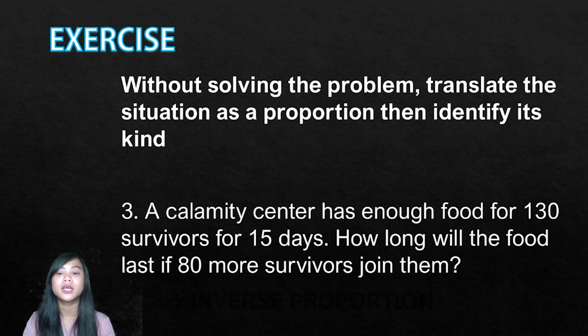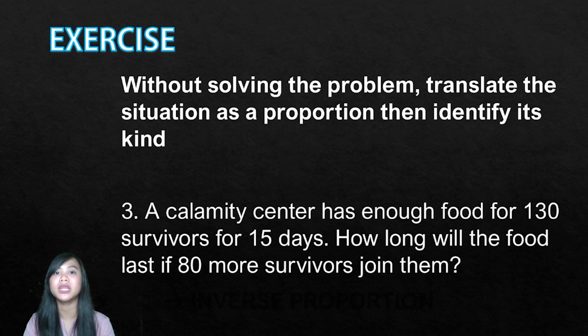We have a given 130 survivors and then there are 80 more. So we added 80, and it becomes 210 survivors. With 210 survivors, how long will the food supply in the calamity center last?